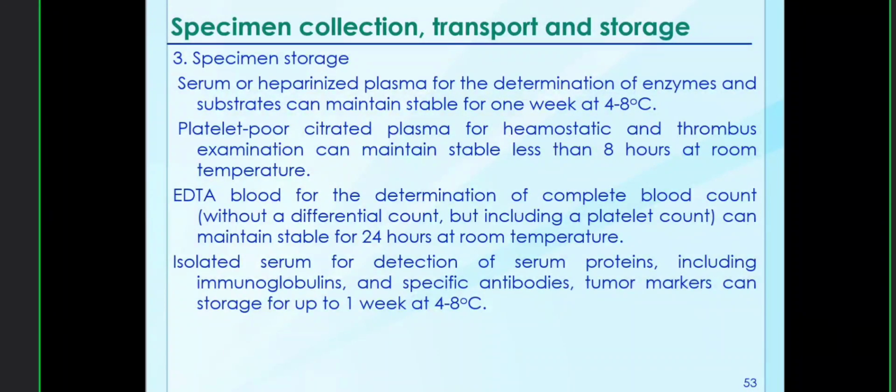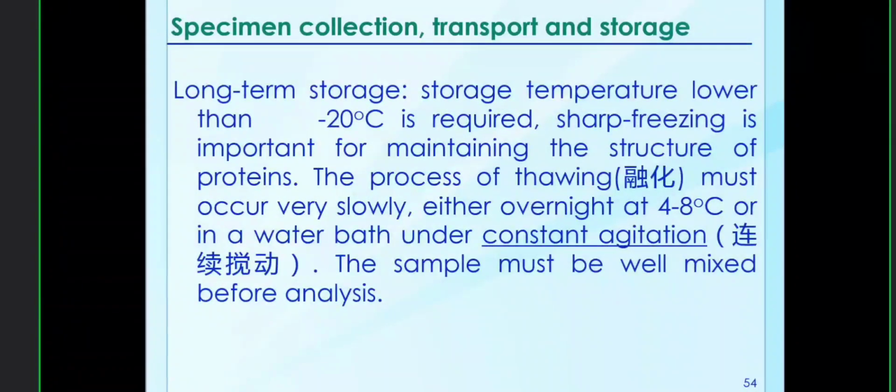EDTA blood for complete blood count without differential count but including platelet count can remain stable for 24 hours at room temperature. Isolated serum for detection of serum proteins, including immunoglobulins and specific antibodies, and tumor markers can be stored for up to 1 week at 4 to 8 degrees centigrade.